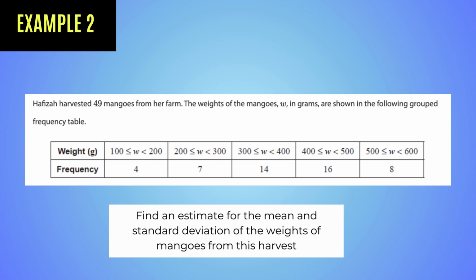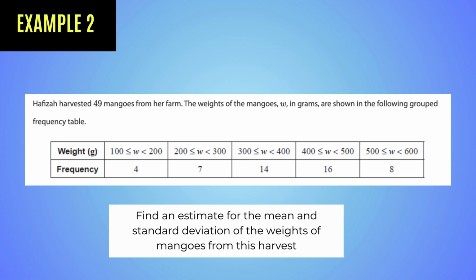As a result, when we're trying to work out the mean and the standard deviation, we have to estimate what their weights would be by taking the midpoints of each category. So for example, if a mango weighs between 100 grams and 200 grams, we would estimate that each of those mangoes weighed 150 grams. We would go for the midpoint of each of those categories.